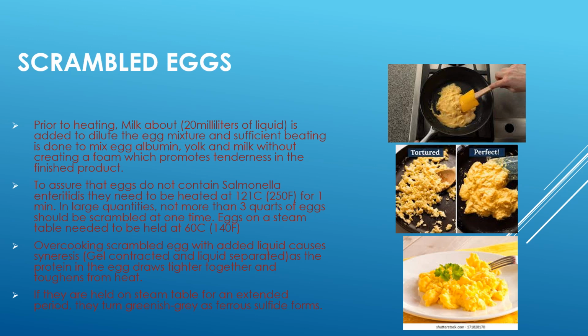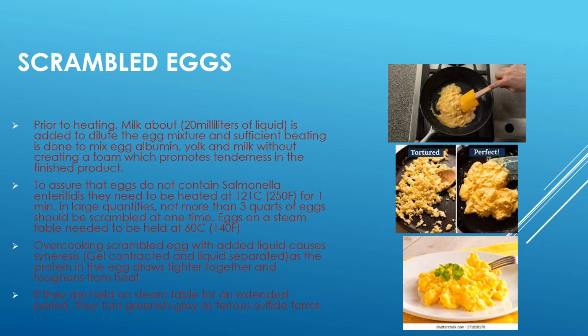The mixture should be mixed sufficiently to make sure that the egg albumin, yolk, and milk are united together, but care should be taken that it does not create a foam.